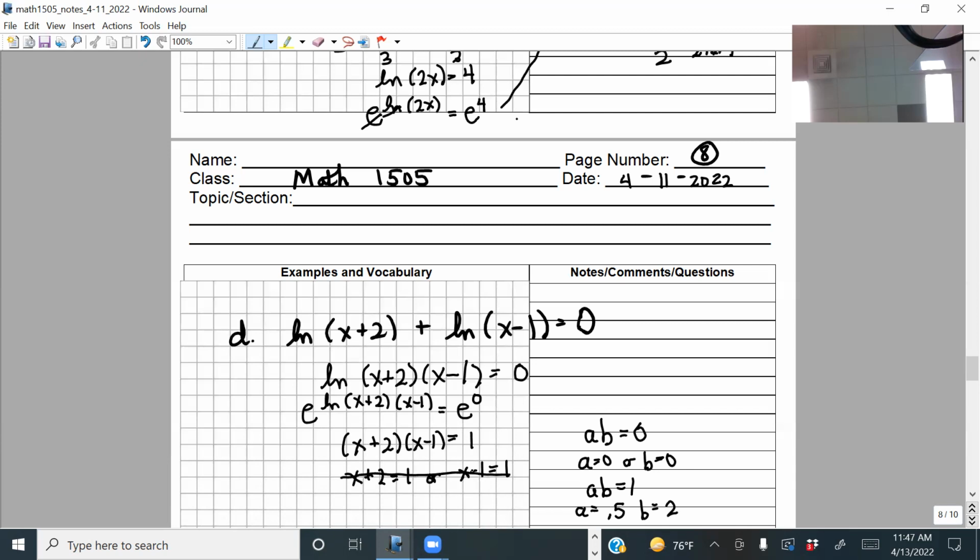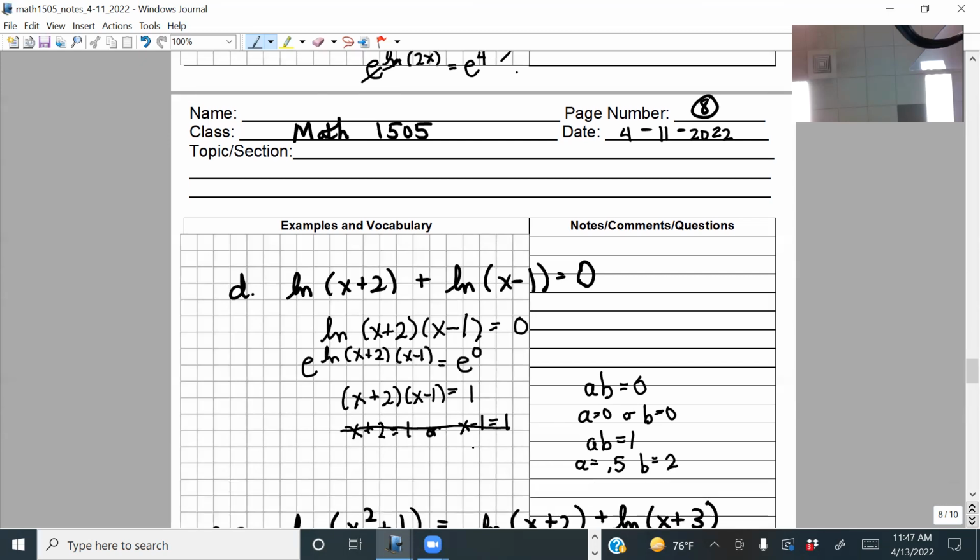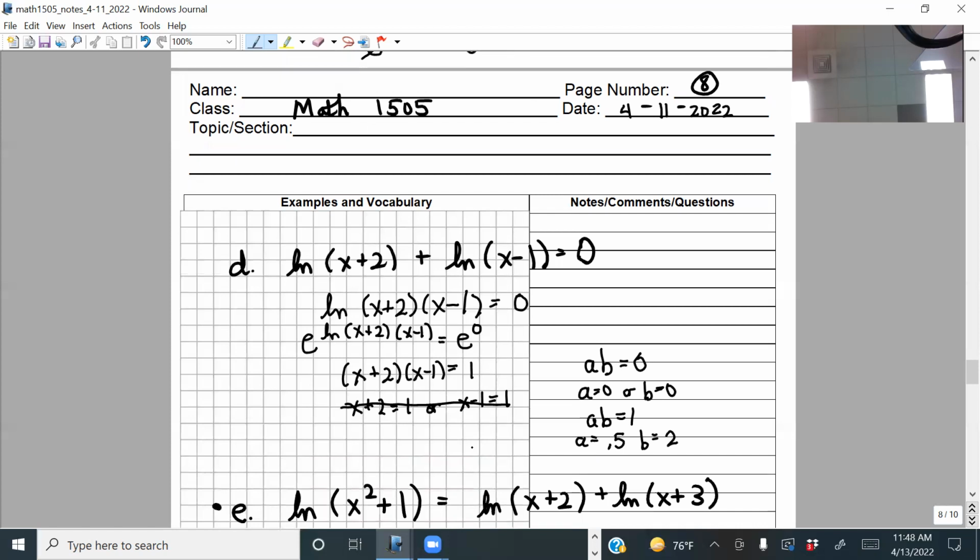What am I going to have to do, though? So that doesn't work, but that doesn't mean I'm at the end of my rope. What will I have to do here to solve this equation? I just have to be a little bit more patient. So what can I do here? Distribute, right?